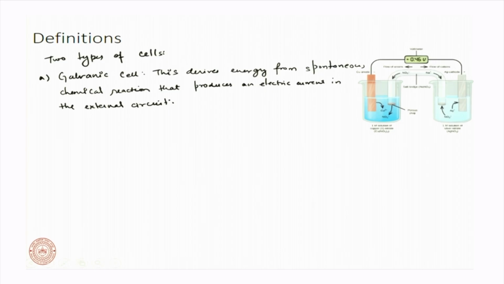A typical battery, when you connect the two terminals and the electrons are flowing through the external circuit, or you have power at the outlet, in very common terms, is called a galvanic cell.